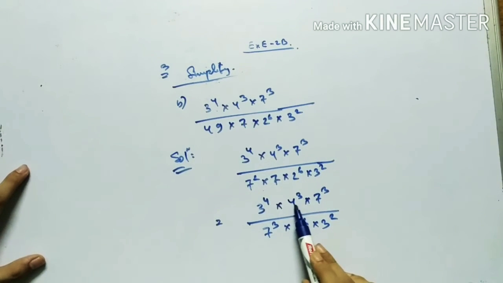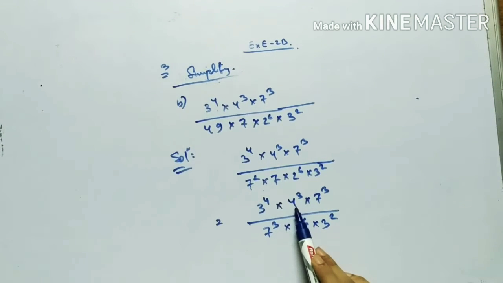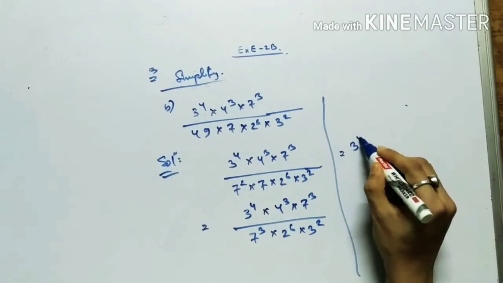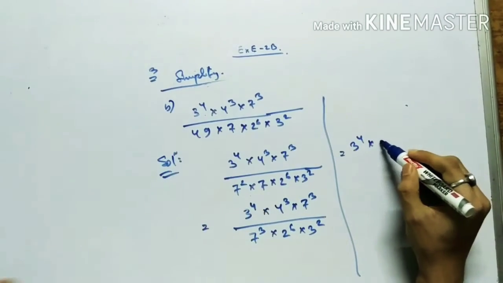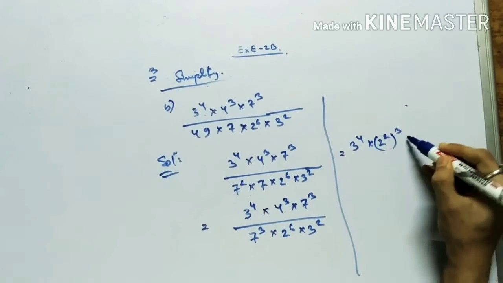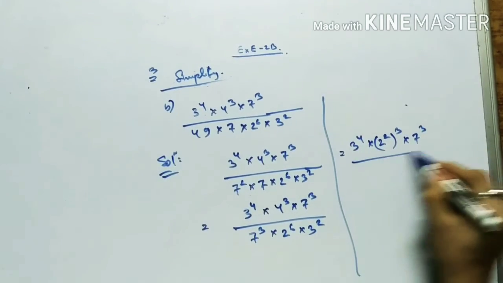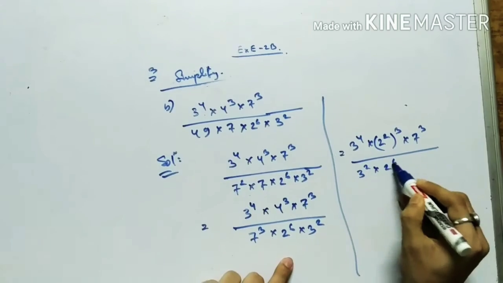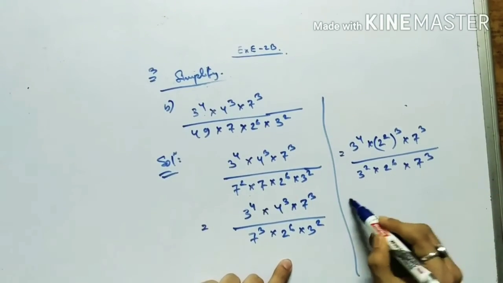Now 4 cube is there, so I can bring it in terms of base 2. So this equals 3 to the power 4 into 4, I can write as 2 square to the whole power 3, into 7 cube by 3 square into 2 to the power 6 into 7 to the power 3.